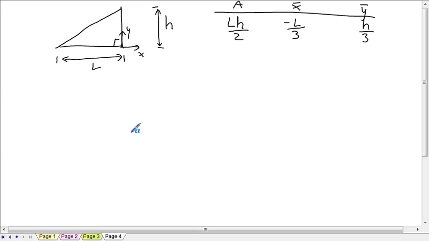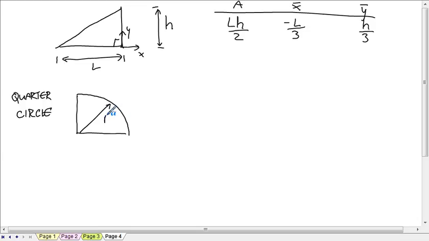Then the second common shape is a quarter circle with a radius of r, with the coordinate system at the center of the circle.